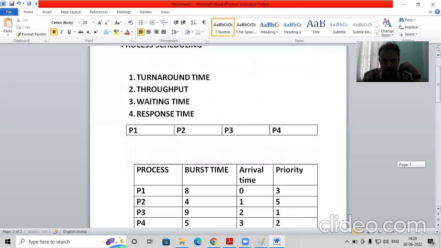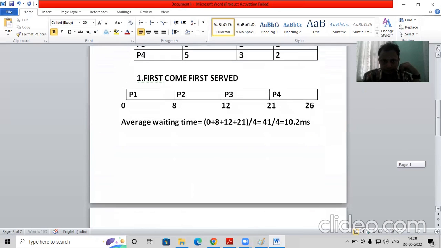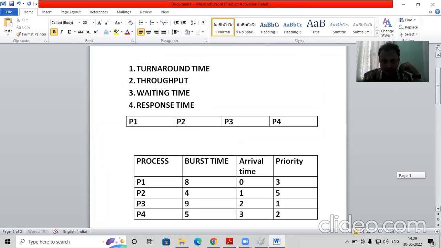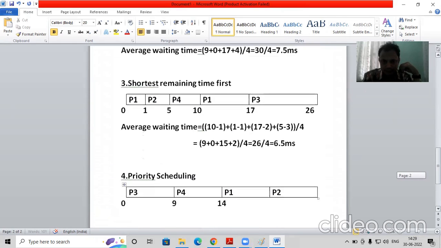P4 taking how much time? P4 taking 5 milliseconds. So 9 plus 5, 14. Then P1 taking how much time? P1 taking 8 milliseconds.